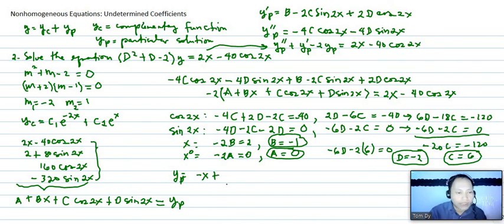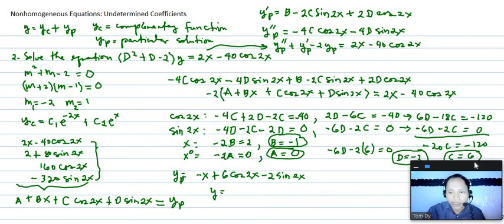Our c is 6 cosine of 2x, plus d, we have negative 2, our d equals negative 2 sine of 2x. Therefore, our y is equivalent to y sub c plus y sub p.